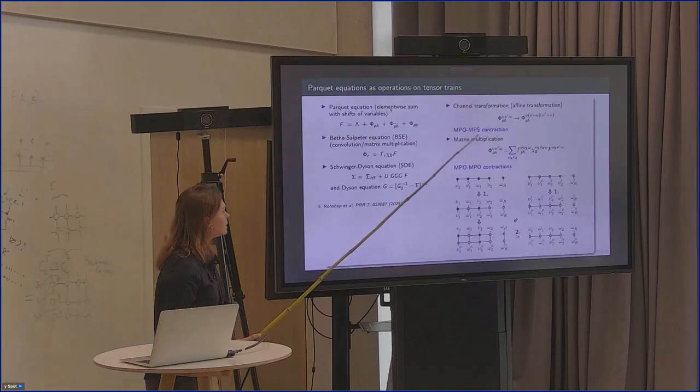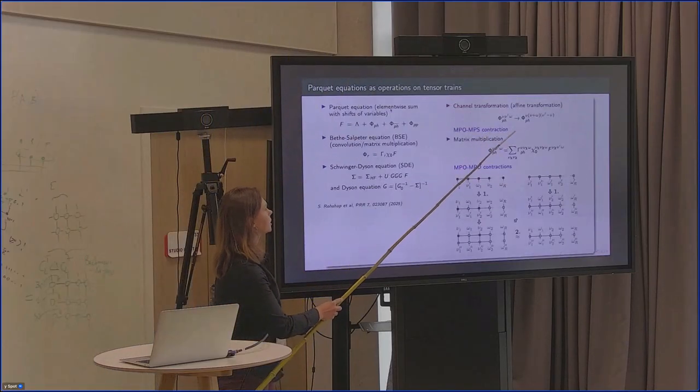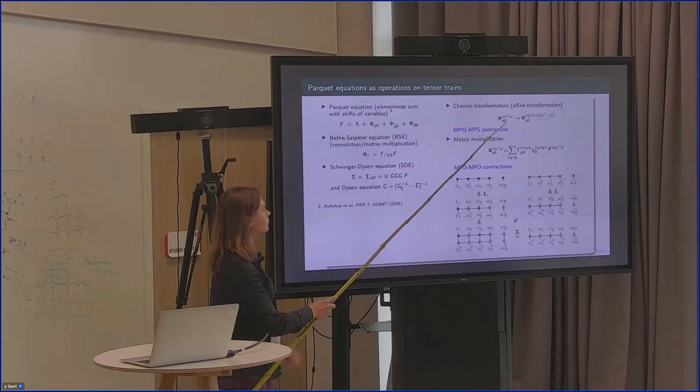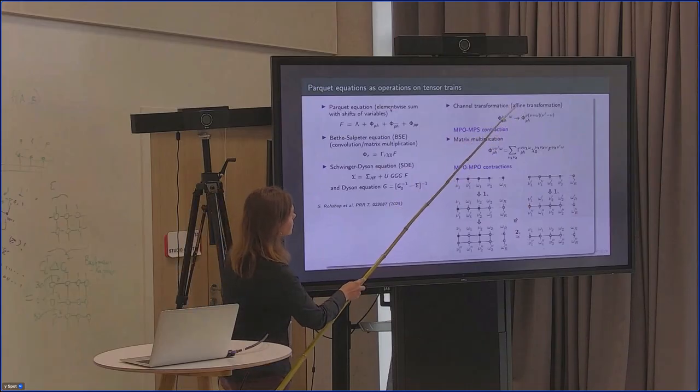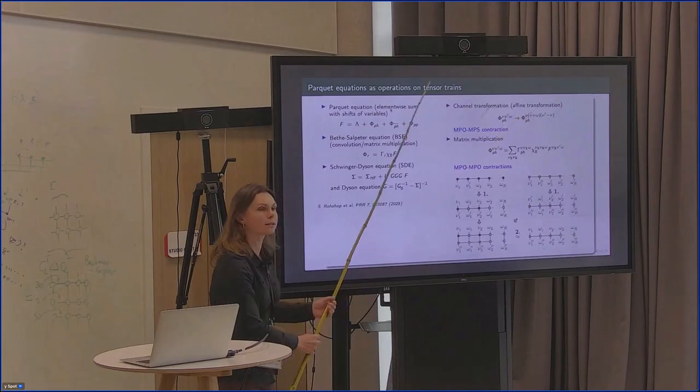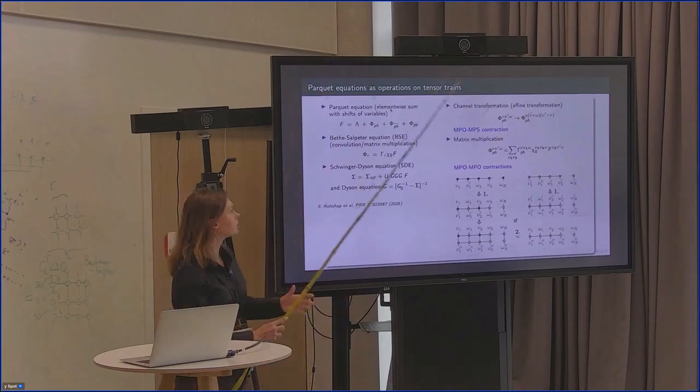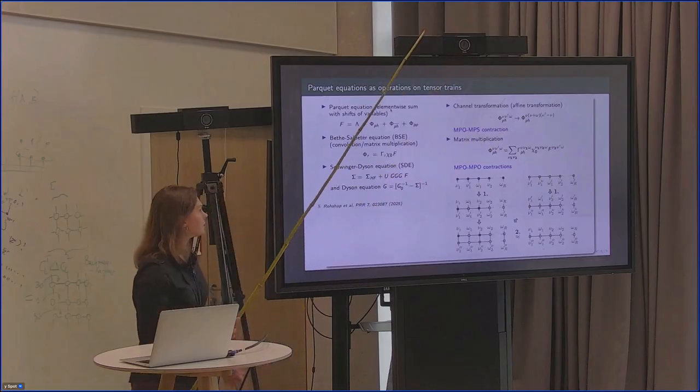So in QTTs, this variable shift can actually be represented as a relatively nice MPO with low bond dimensions. This goes under the name of affine transformation, and the bond dimension for this particular transformation, I think, is 11, so nice.